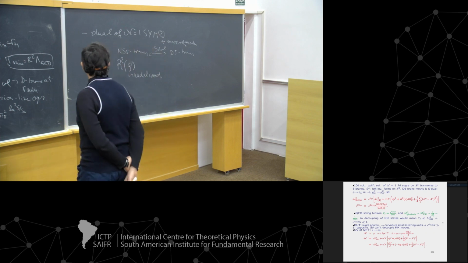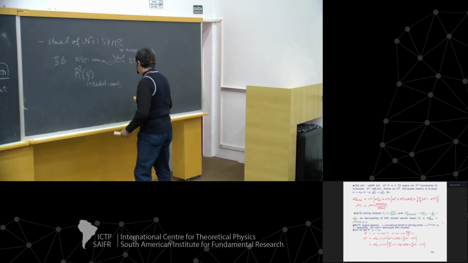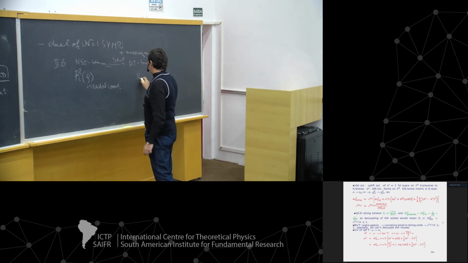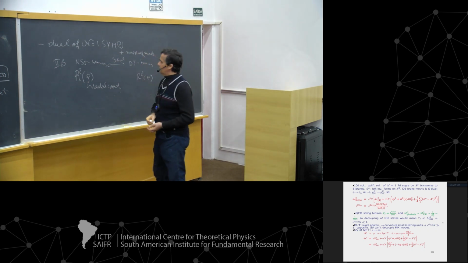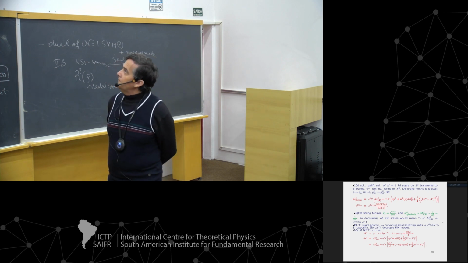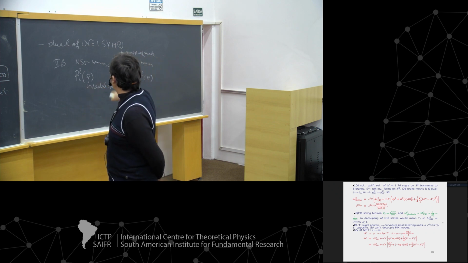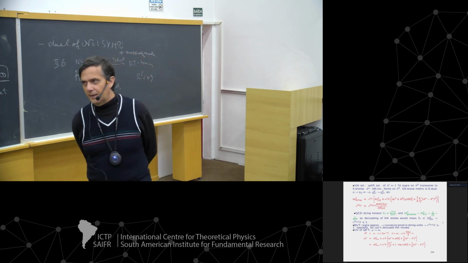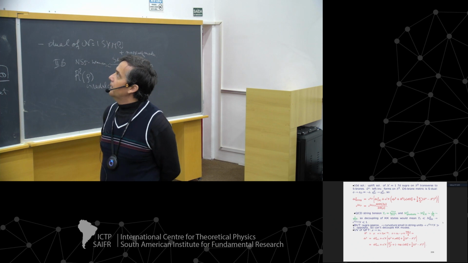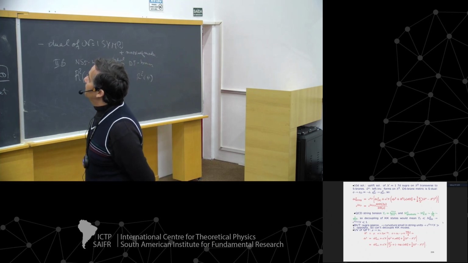Well, the metric, rather. So, yeah, this is also written in terms of an R squared of rho. Okay, so what I was saying is that there are massive modes over there that we cannot get rid of. So how does that go?